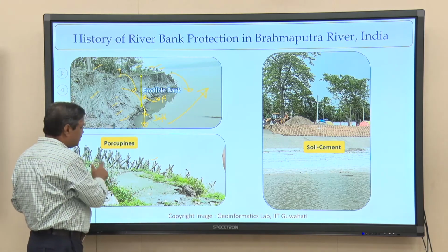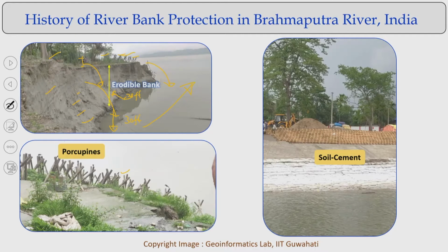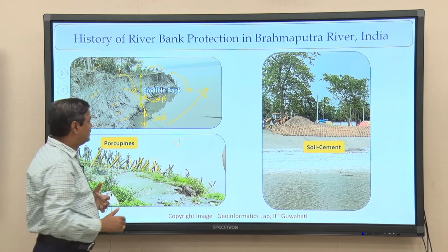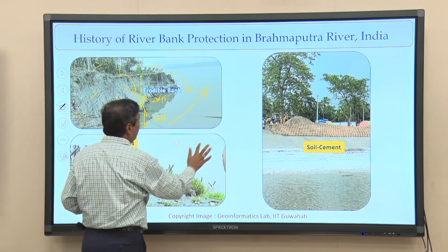We have small structures like porcupines. The basic idea of these concrete structures is to reduce the velocity. If I reduce the velocities, sedimentation and deposition can start.